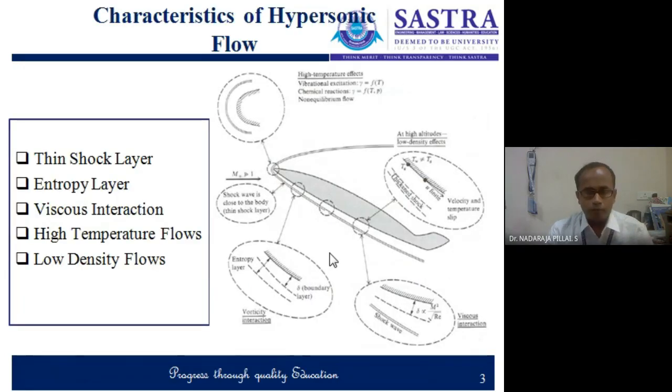So, we know the characteristics. As of now, we know. I used to say in the class, believe me for certain things. Say, if the characteristics in a flow have a thin shock layer, entropy layer, viscous interaction, high temperature flows, low density flows, if any of these are associated in a flow, then we can say that the flow is hypersonic flow, whether it is Mach number 3 or Mach number 2 or Mach number 4 or Mach number 7 or Mach number 20.